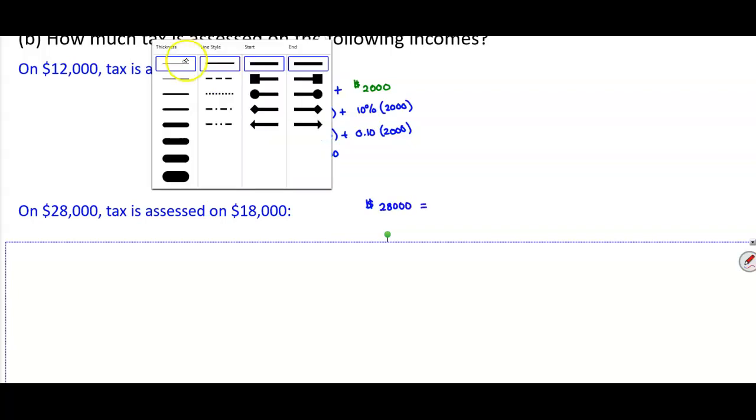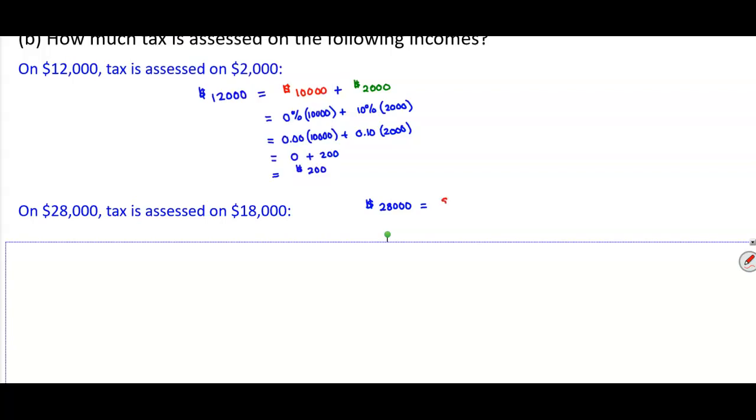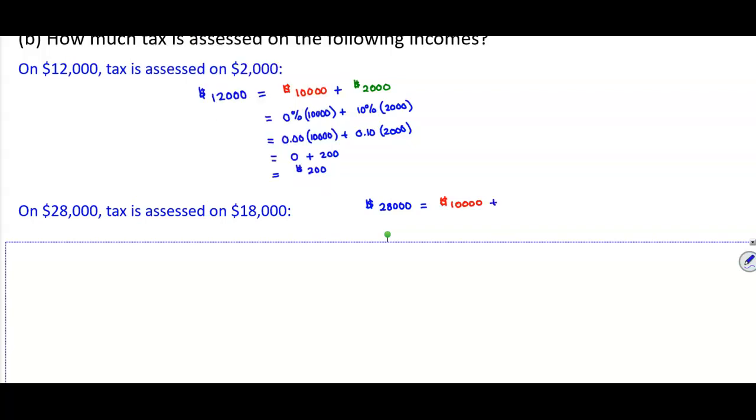For the first $10,000, there's going to be 0% tax. Anything beyond that, up to $20,000, is an additional $10,000, which is going to have a 10% tax.